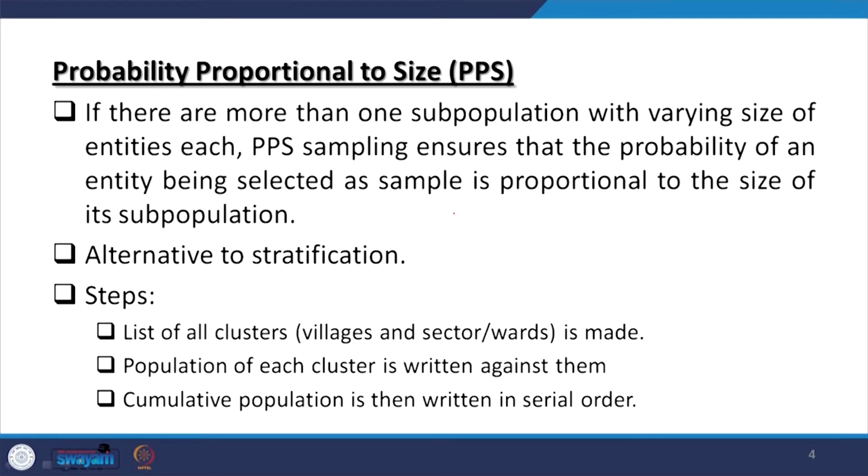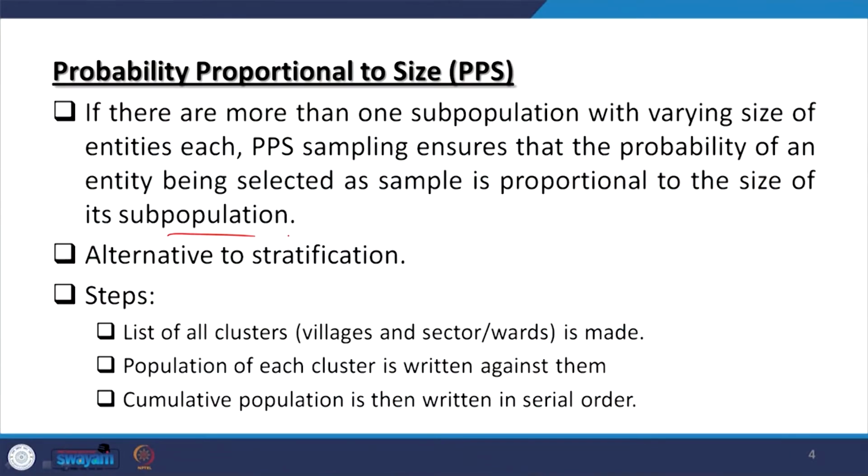So, a particular unit or entity has certain probabilities of consideration that are proportional to the size of its subpopulation. Though it is not so clear, we will explain systematically to clarify the concept. This is also sometimes considered an alternative to stratification, because stratification may not consider proportional representation.